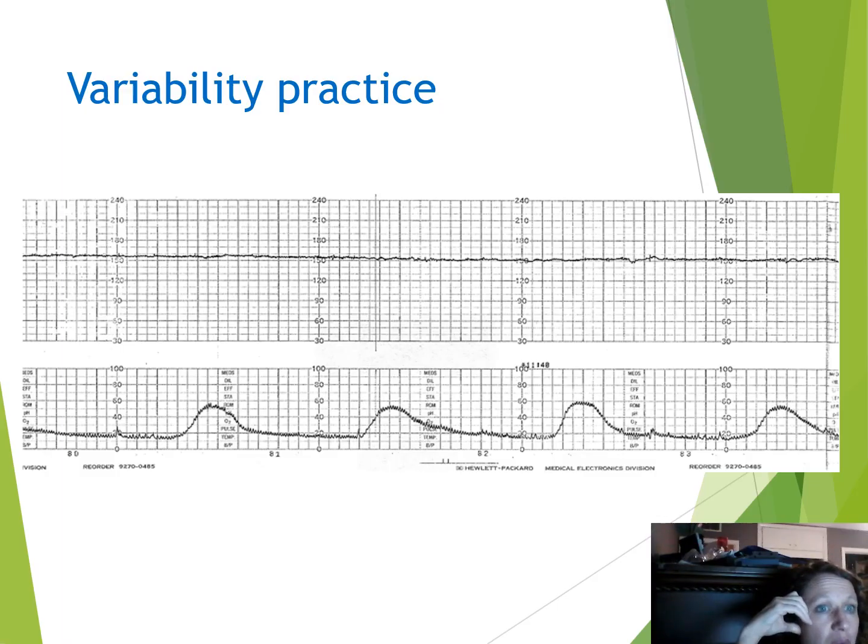Overall, it is minimal variability, but there's definitely some smoothness to the line. I would not want to see that continue. That would be concerning. Absent variability is considered our most abnormal variability. Well, marked is too, but it's one of our most concerning, and we'll talk about why that is in a little bit.